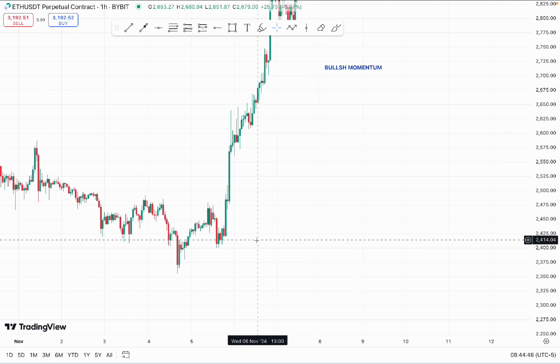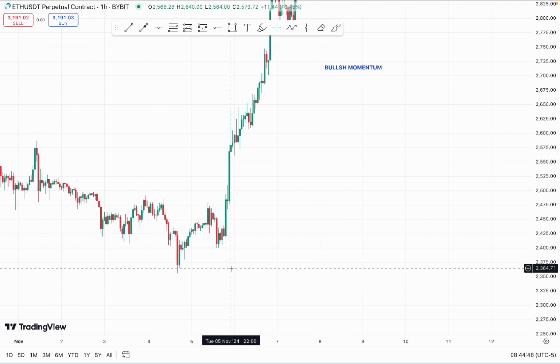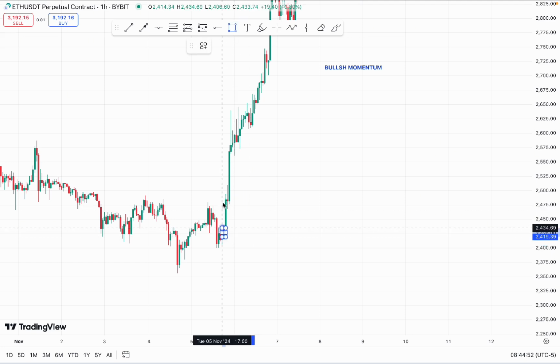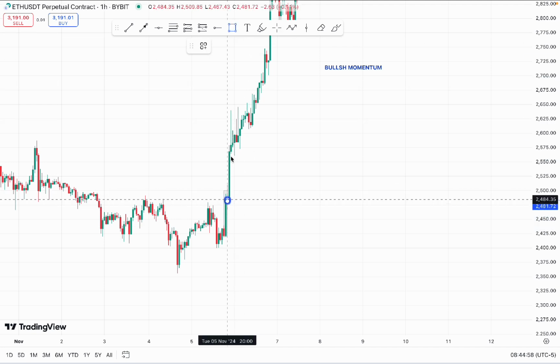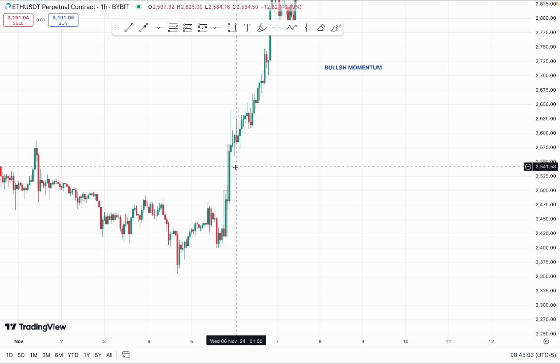Okay, then we saw this clear momentum candle, just one. Then we had another momentum candle, which was about 2 to 3 times or more bigger than the previous candle.